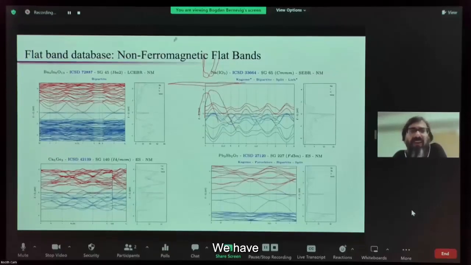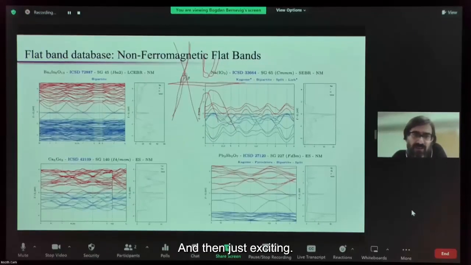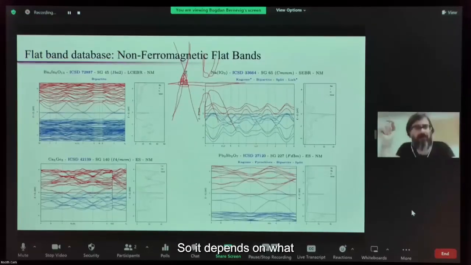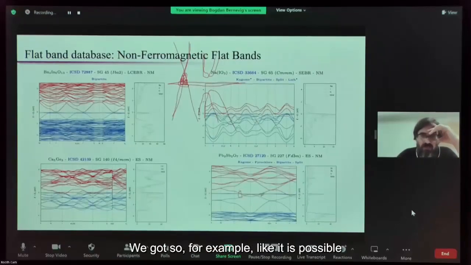They're within Coulomb. But then in twisted triangle, we have this Dirac node here. You have a gapless system, but the Dirac node has such high velocity that at least at zero displacement it doesn't do very much. So it depends on what type of crossings we have. For example, here I would say that likely this crossing won't do very much.